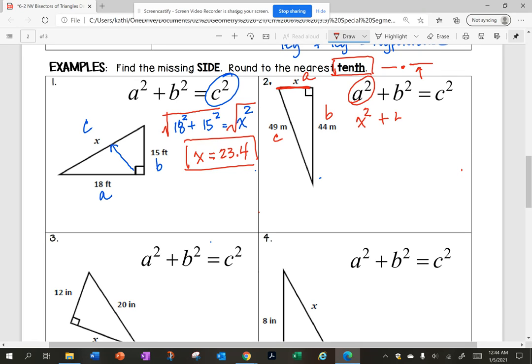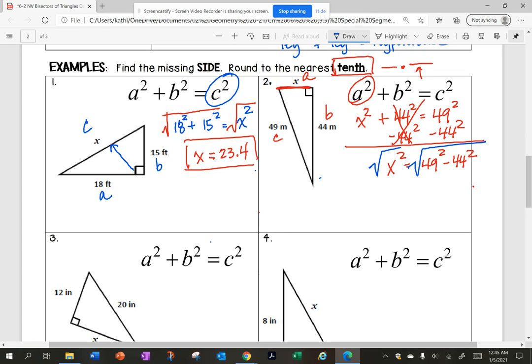So substituting in, I get 44 squared, and 49 squared. So I'm going to solve for x. The first thing I'm going to do is subtract 44 squared on both sides. So I get x squared equals 49 squared minus 44 squared. And I want the square root, so I'm going to take the square root of both sides. So I get x equals 21.6, rounding to tenths.